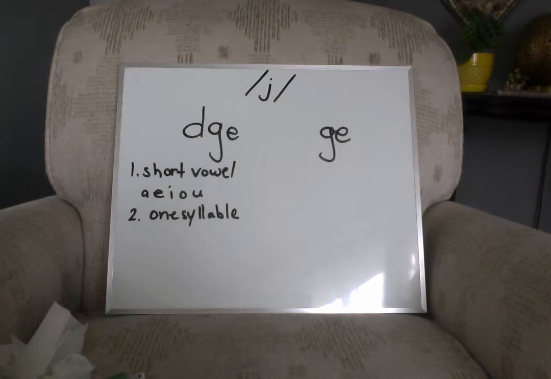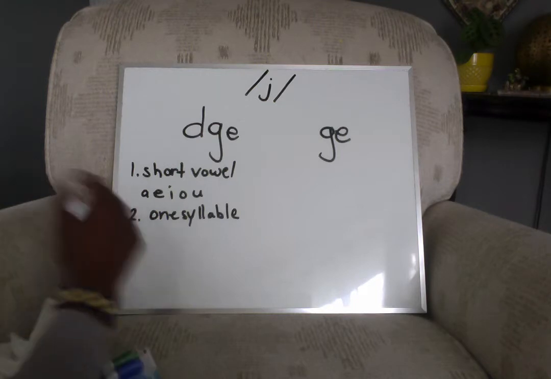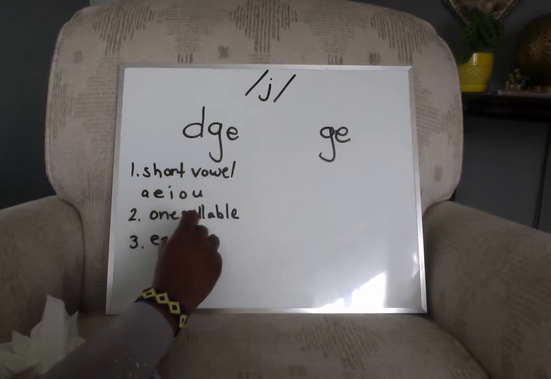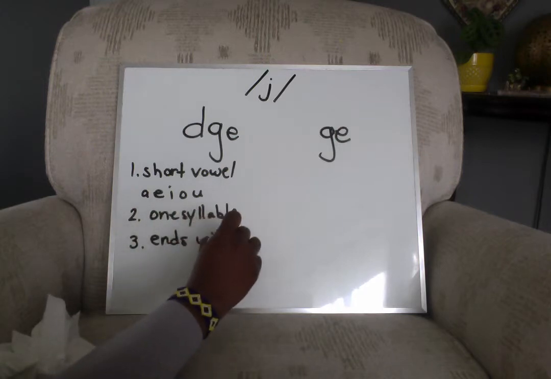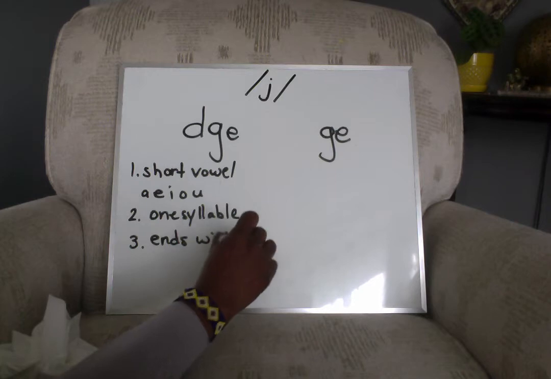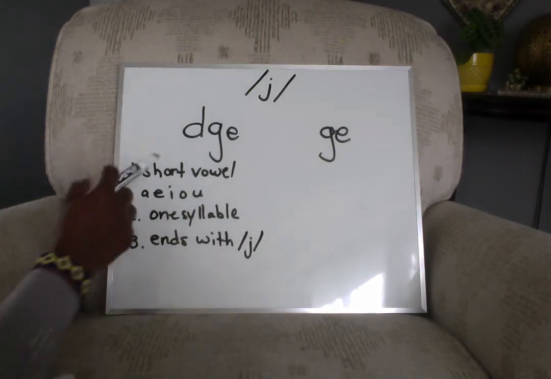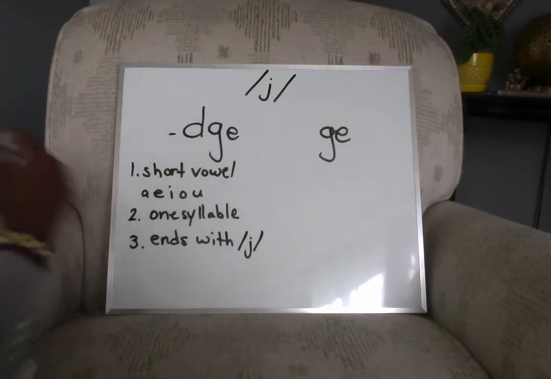So if you have a short vowel, one syllable word that ends with the J sound, and these slashes mean sound, then you use the spelling DGE.